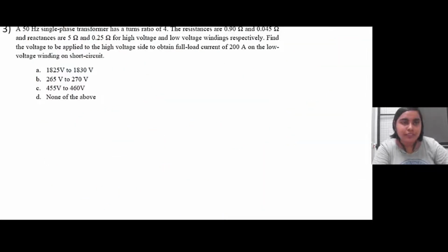So for the next question, it is given for a single phase transformer, and the turn ratio is given. Turn ratio is primary winding by secondary winding, N1 by N2, also denoted by K. It's given as 4.